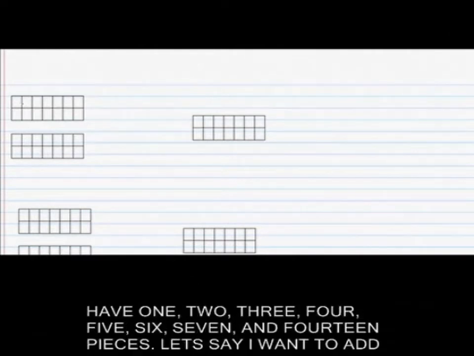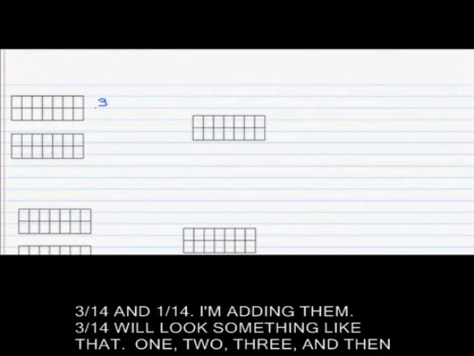I have 1, 2, 3, 4, 5, 6, 7, up to 14 pieces. Let's say I want to add 3/14 and 1/14. I'm adding them. 3/14 will look something like that. 1, 2, 3.